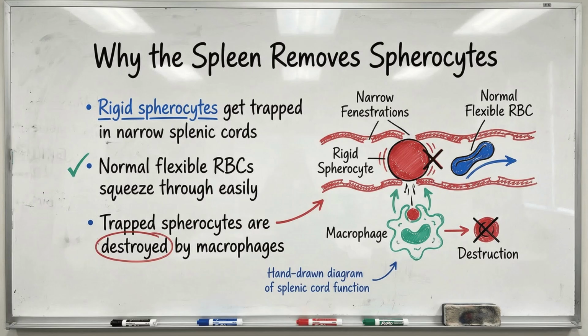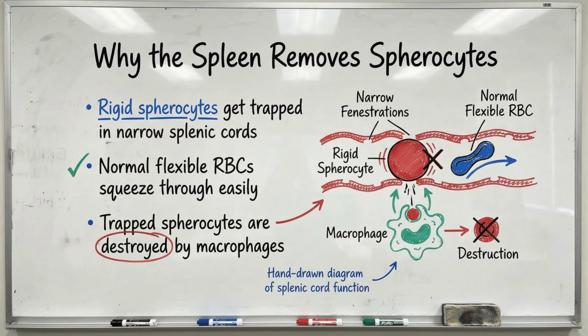So we've identified the spherocyte, but why does its spherical shape lead to its demise? It all comes down to flexibility, or rather, the lack thereof. Spherocytes are rigid. They've lost that incredible deformability that allows normal red blood cells to squeeze through the tightest capillaries. When these rigid spherocytes try to navigate the narrow, tortuous pathways of the splenic cords, they get stuck.